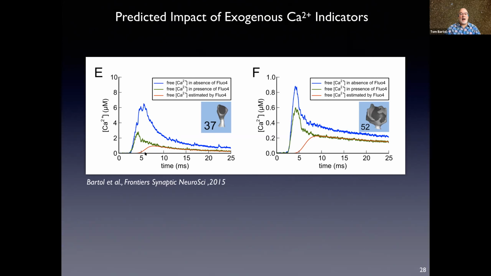Their calcium indicator gave them a signal that looked like this red curve. And the reason why it looks like this red curve and not like this green curve is because they can't sample at high enough sampling rate in order to see the rapid transient part of the signal.